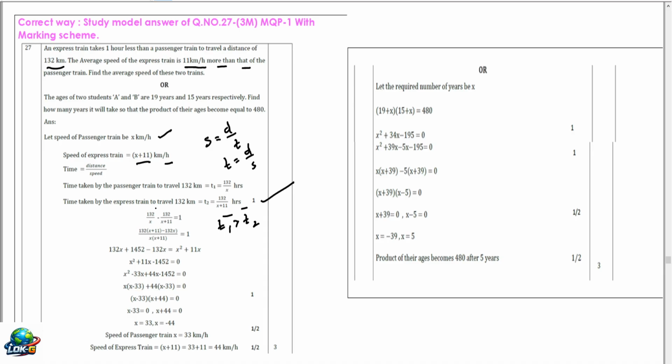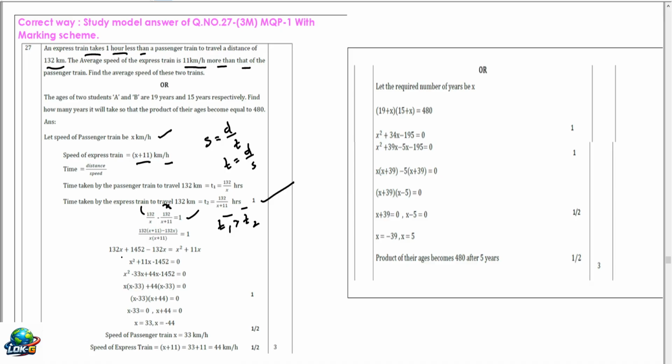Therefore, T1 minus T2 will be, what is the difference? The express train takes 1 hour less time, means this difference will be 1 hour. Therefore, 132 upon x minus 132 upon x plus 11 is 1. Right? You take LCM, x into 132 into x plus 11 plus 132 into x.